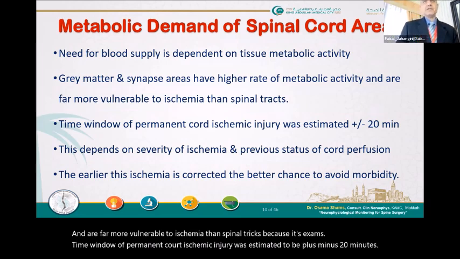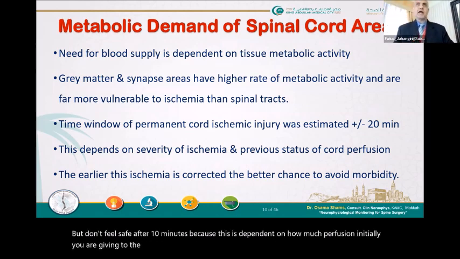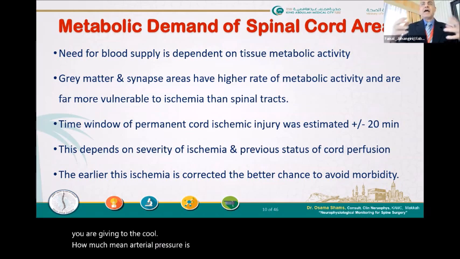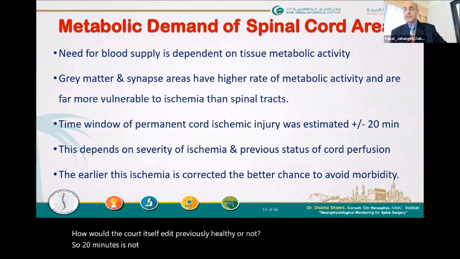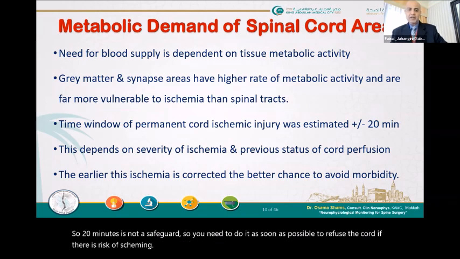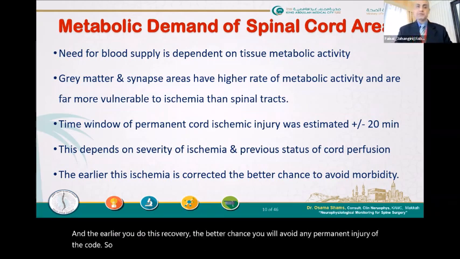But don't feel safe after 10 minutes, because this is dependent on how much perfusion initially you are giving to the cord, how much mean arterial pressure is there, and how the cord itself is, whether it is previously healthy or not. So 20 minutes is not a safeguard, so you need to reperfuse the cord as soon as possible if there is risk of ischemia. And the earlier you do this recovery, the better chance you will avoid any permanent injury of the cord. So this is very important.